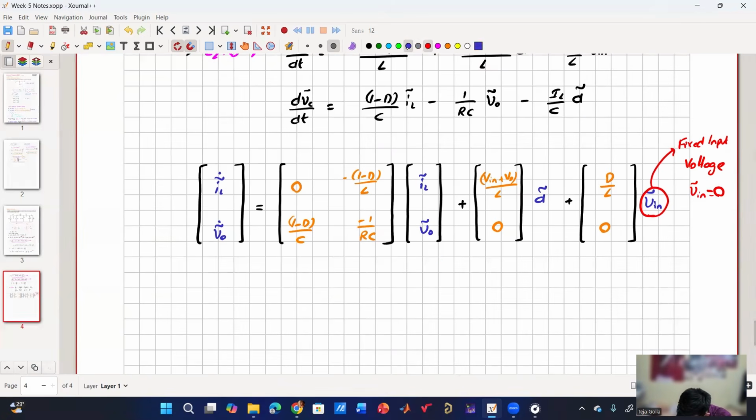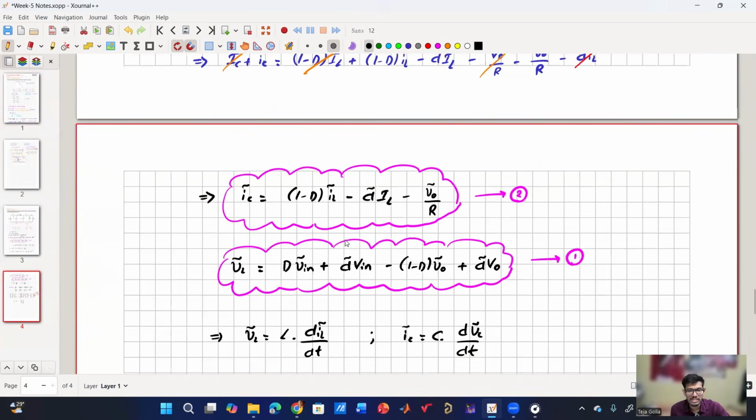Now if you have output, my output is V0 tilde. So this will be 0, 1 multiplied by IL tilde and V0 tilde. So I have represented everything in terms of state space.